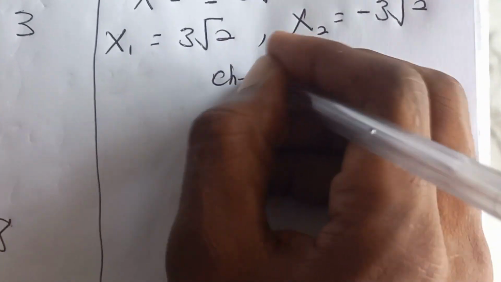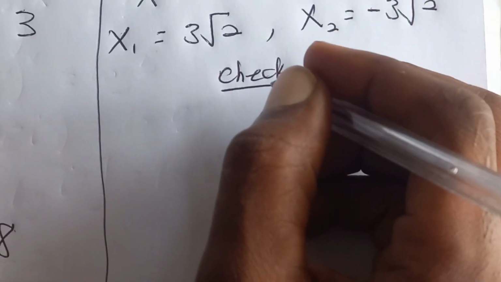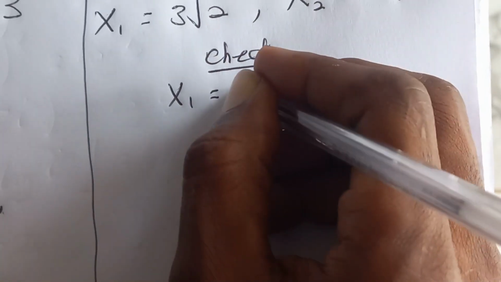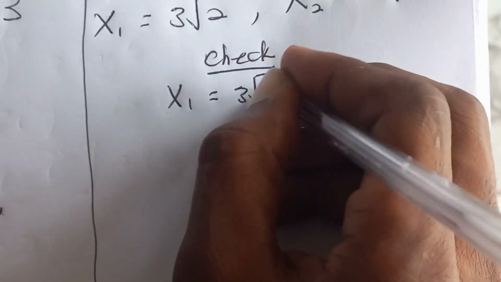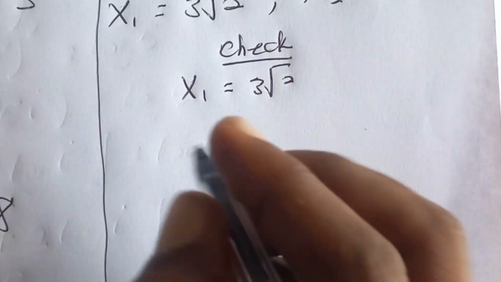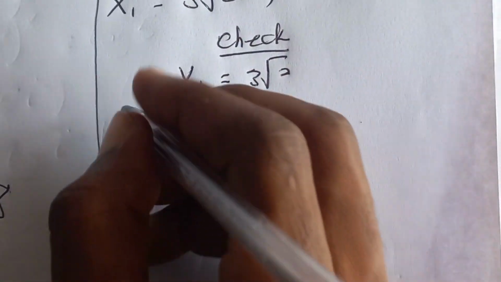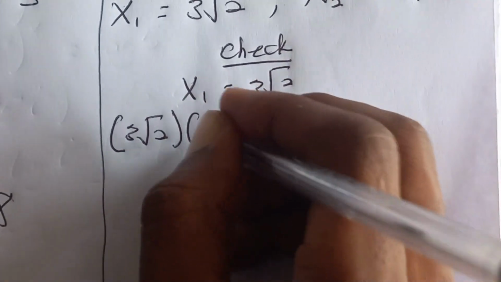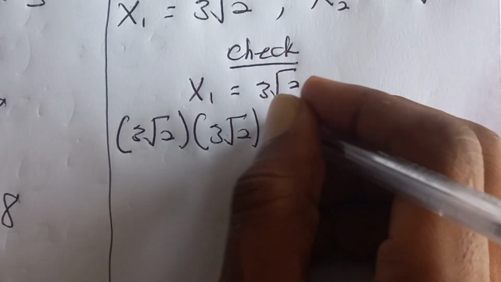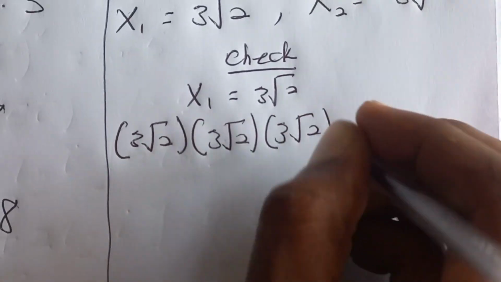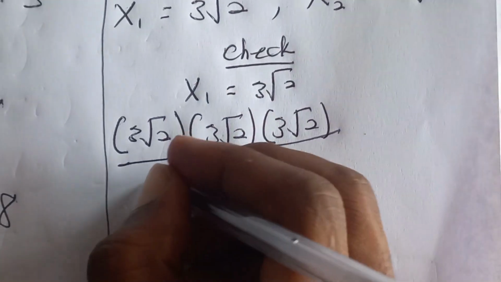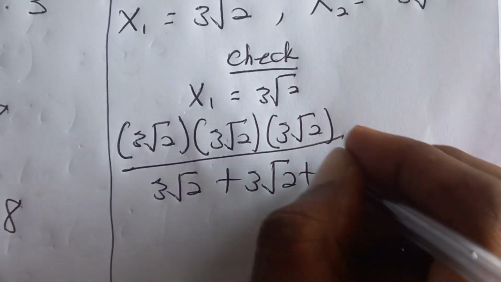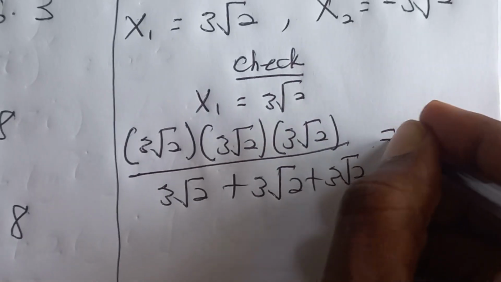Now let's do it for x1, which is equal to 3 root of 2. So with this, we are having 3 root of 2 multiplied by 3 root of 2 multiplied by 3 root of 2, on then we have 3 root of 2 plus 3 root of 2 plus 3 root of 2 is equal to 6.